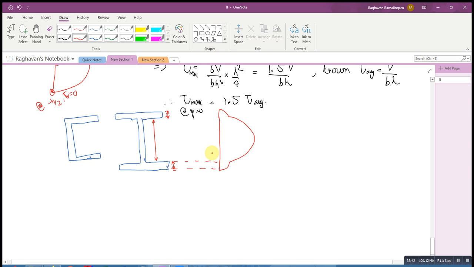So each element, the flange, has its own parabola, and the web has its own parabola. So you'll get a kind of shape like this.